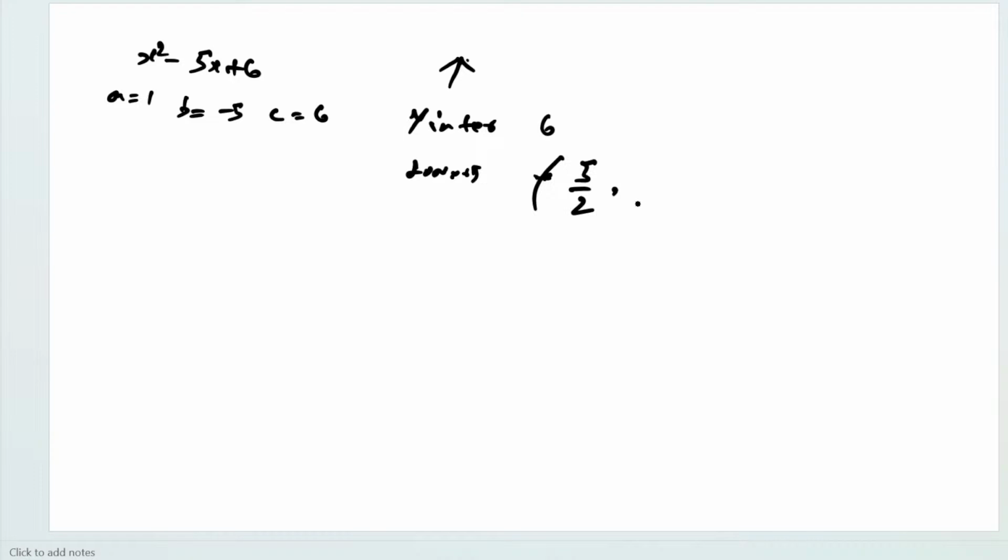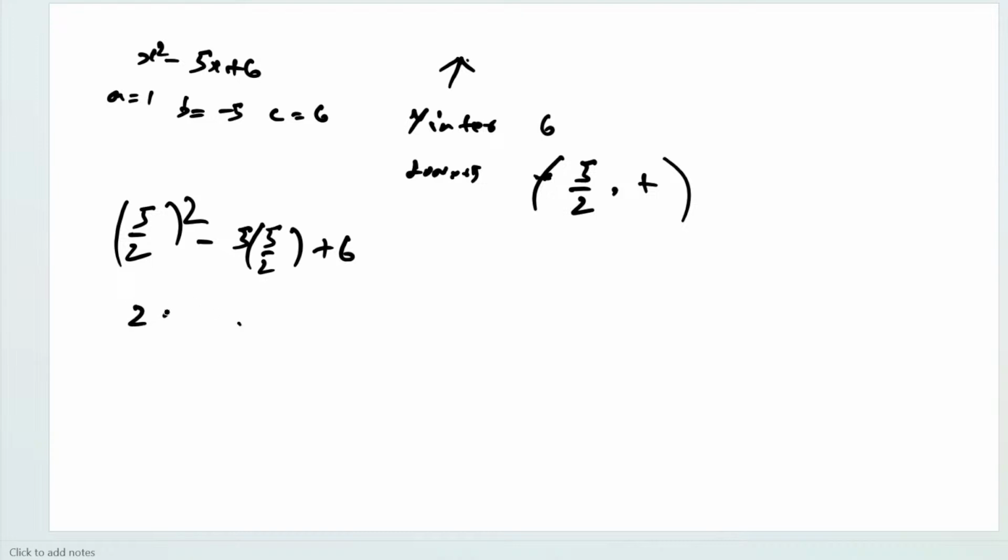And what about f of 5 by 2? Is it positive or negative? Positive, sir. Check again. 5 by 2 square minus 5 into 5 by 2 plus 6.